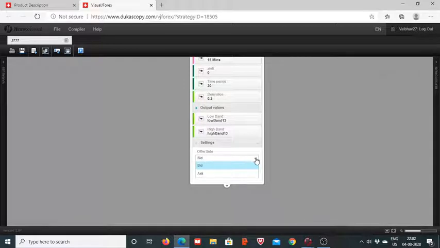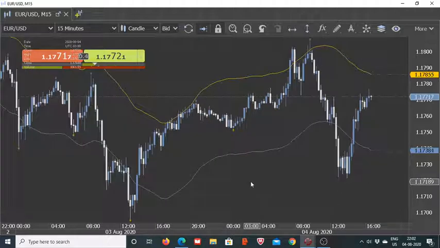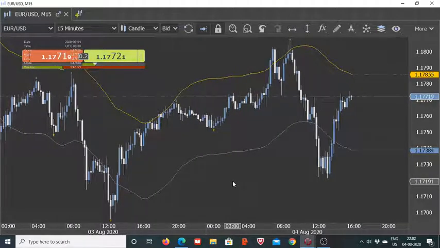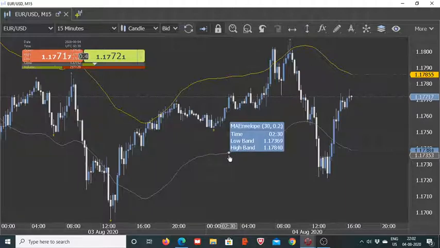With the ask price, the moving average envelope will be a bit higher, as the ask price tends to be higher than the bid price, and there is a spread between the bid and the ask price. And of course the applied price, the price on which the moving average is calculated, will be reflected in the moving average envelope.